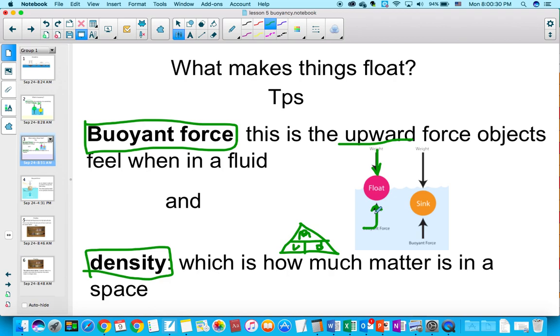Pretty simple, right? If something sinks, the gravitational force is greater than the buoyant force, the upward force. And so gravity is going to push it down, albeit more slowly than if it wasn't in a fluid, but it will still pull it down.